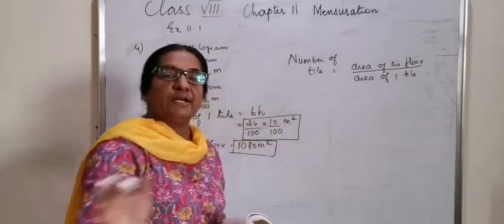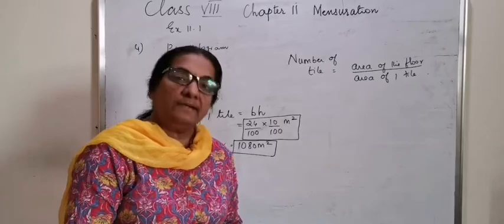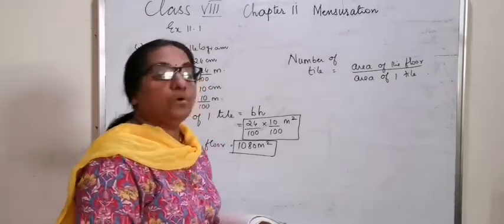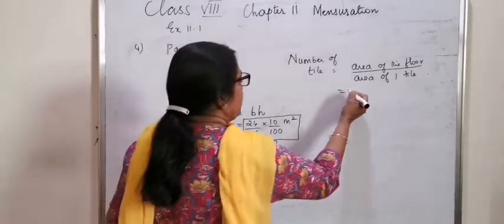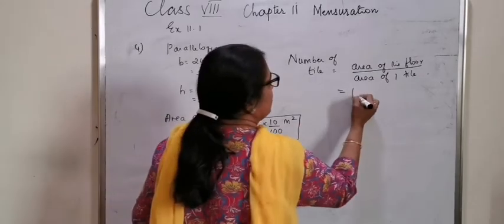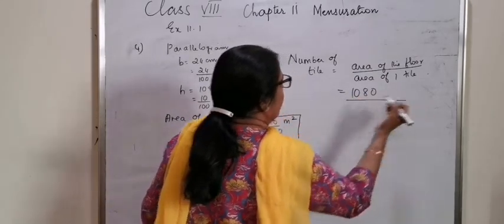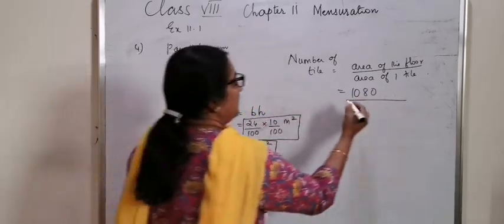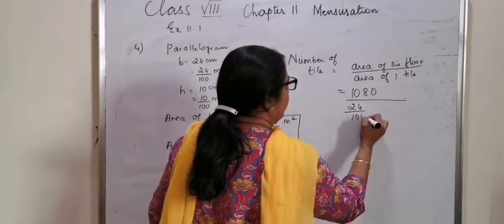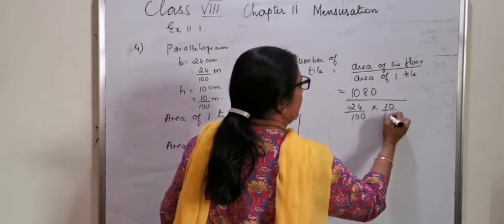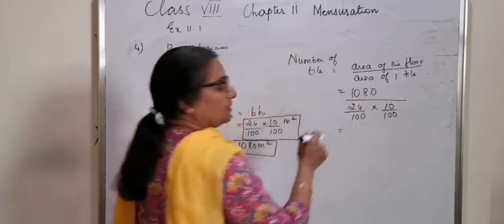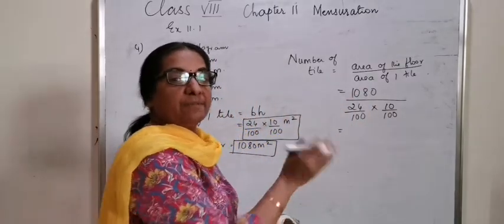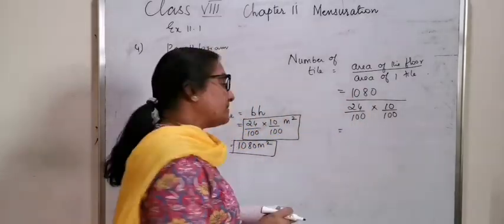It is the total area to be covered upon the area covered by one tile, which is the same as 1080 divided by 24 by 100 into 10 by 100. Division by a fraction, it will get multiplied by the reciprocal.